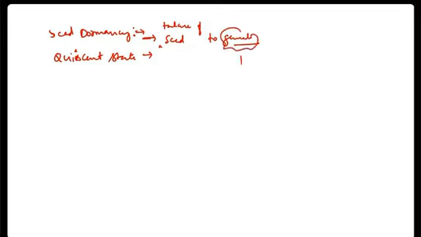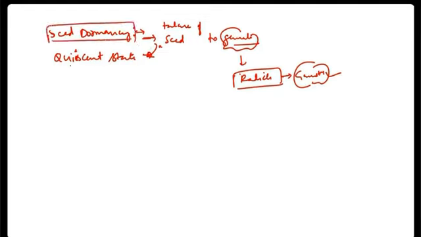Germination is nothing but protrusion of the radicle. Once the radicle comes out of the seed, that process we call germination, right? If this doesn't occur when you sow the seeds, it is because of either seed dormancy or quiescent state. So what is the difference between seed dormancy and the quiescent state then?